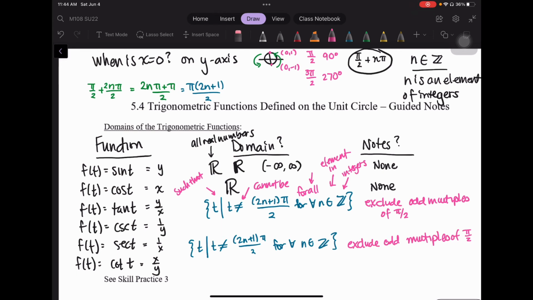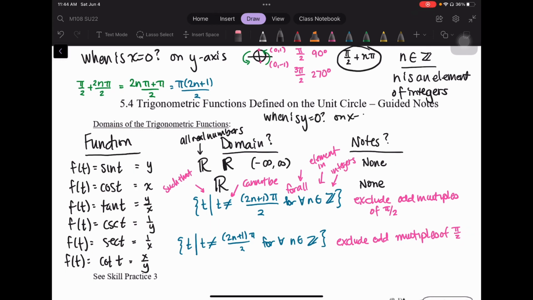All right, what about cosecant? When is y equal to 0? That happens on the x-axis. On the unit circle, that's at the points (1, 0) and (negative 1, 0). And that happens, again, every multiple of pi. So that's going to be at 0 and pi, 2 pi, and so just multiples of pi.